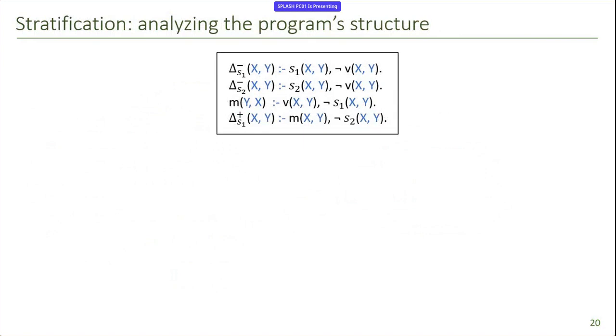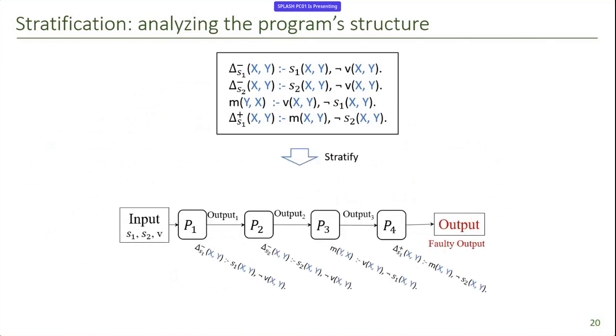Our idea for debugging is that we first need a clear structure of the Datalog program. The Datalog program is a set of rules, so we don't know in which order the rules should be evaluated. So our technique here is based on stratification, which is a very well-known technique for Datalog. After this stratification, we have a very clear structure of the Datalog program. In this example, the result is 4 partitions of the program, P1, P2, P3 and P4, which show the order in which the rules must be evaluated.